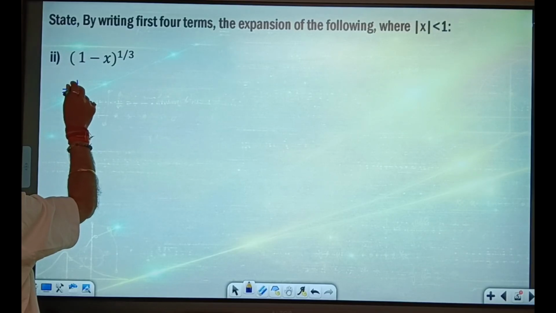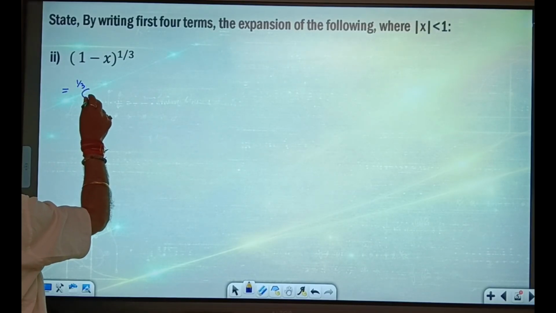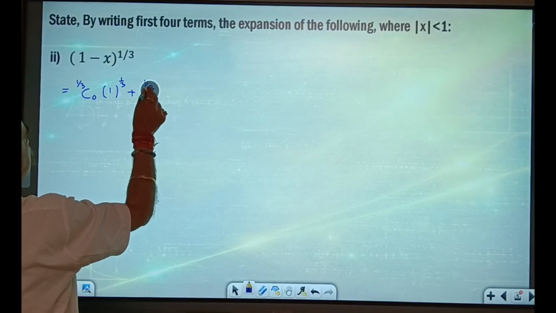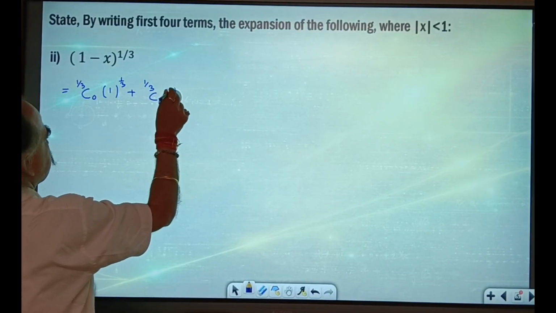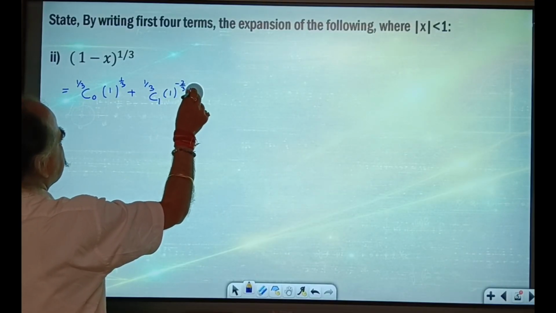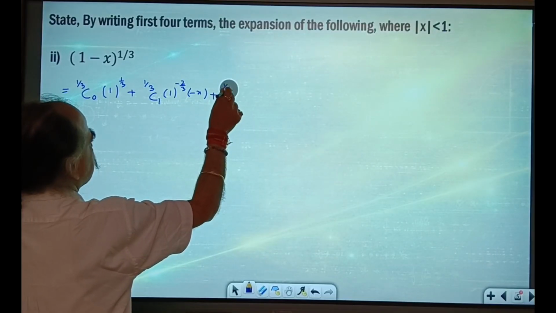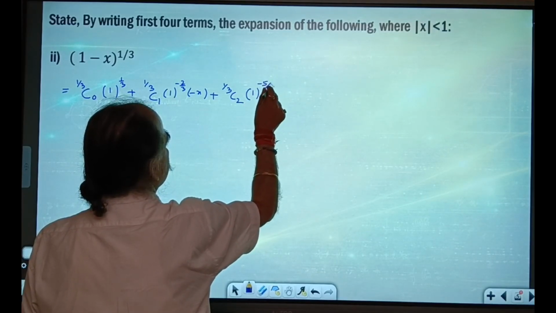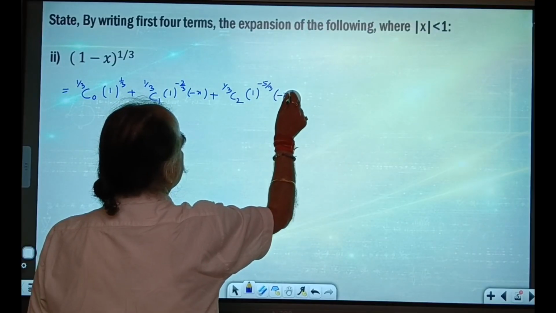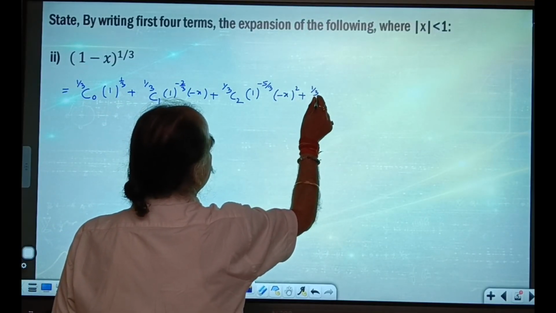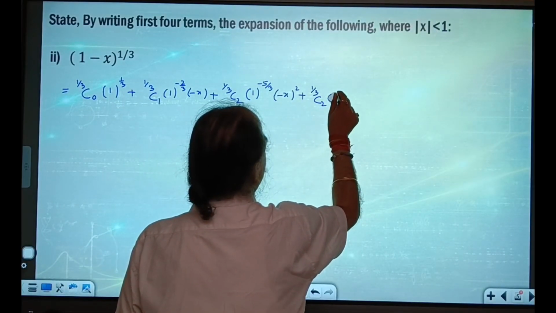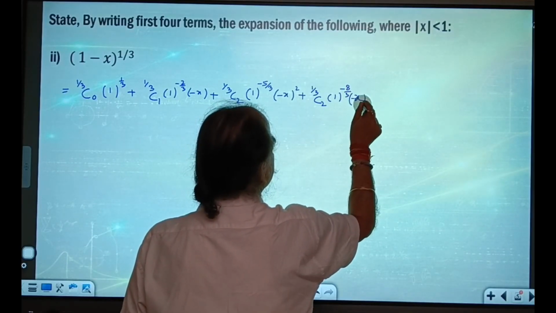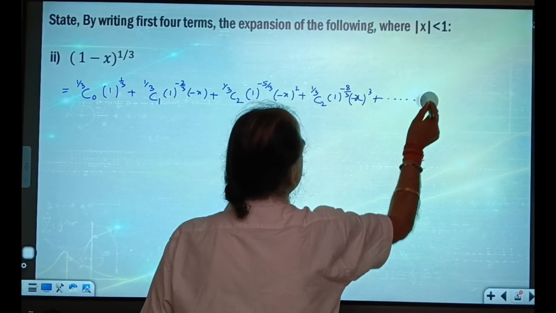It is 1 by 3 C0 1 raised to 1 by 3, plus 1 by 3 C1 1 raised to minus 2 by 3 into minus x, plus 1 by 3 C2 1 raised to minus 5 by 3 into minus x square, plus 1 by 3 C3 1 raised to minus 8 by 3 minus x raised to 3, and so on.